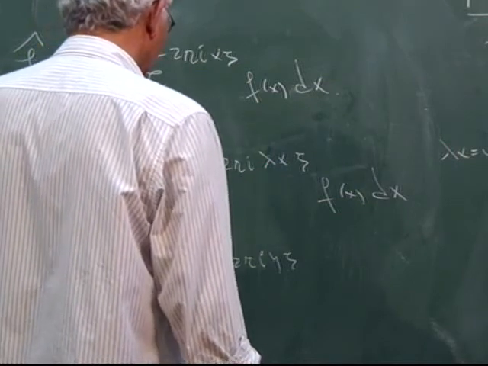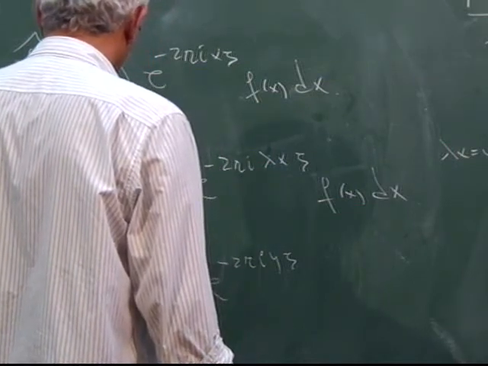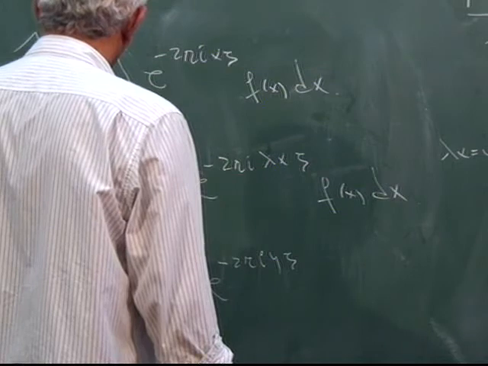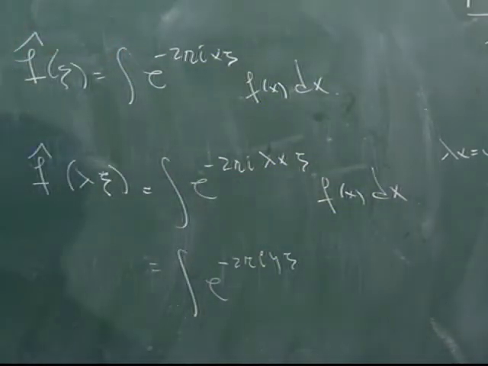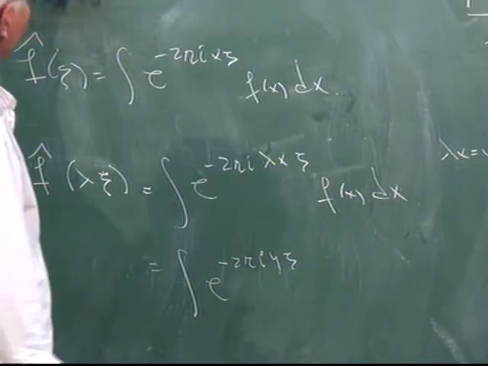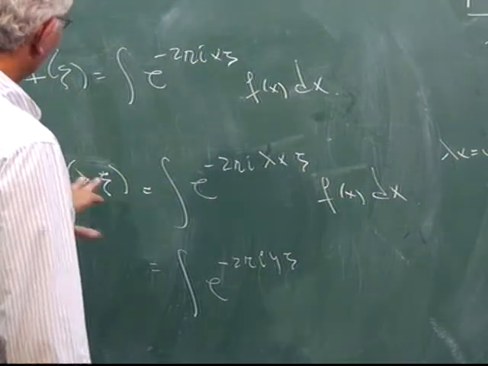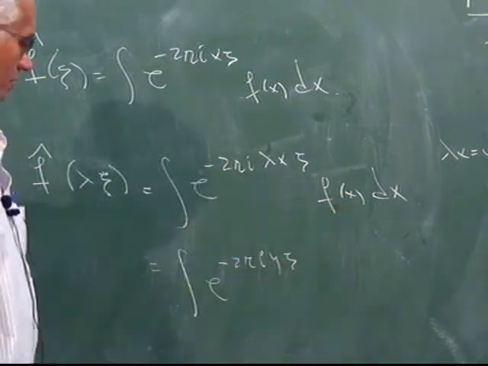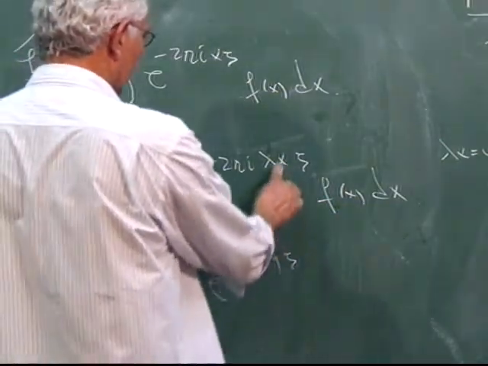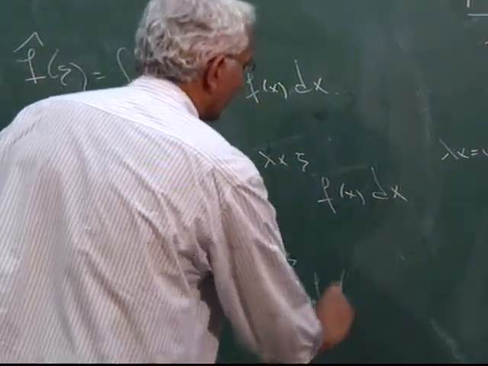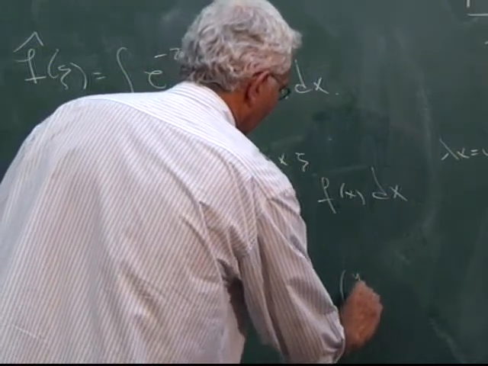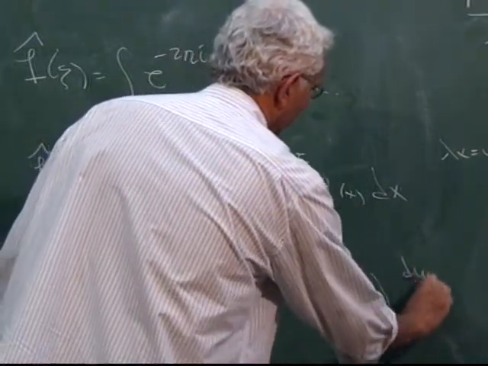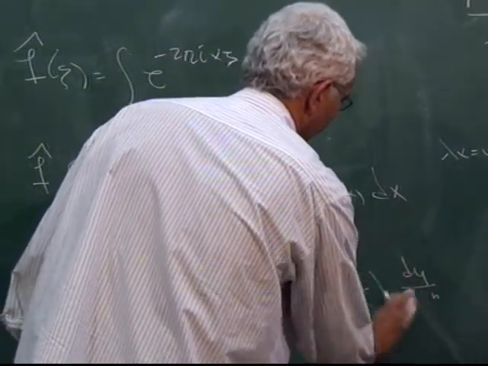What exactly I'm trying to say is what the homogeneity of the Fourier transform of this one is. I have this: f of y over lambda, dy over lambda to the n. Is this okay?